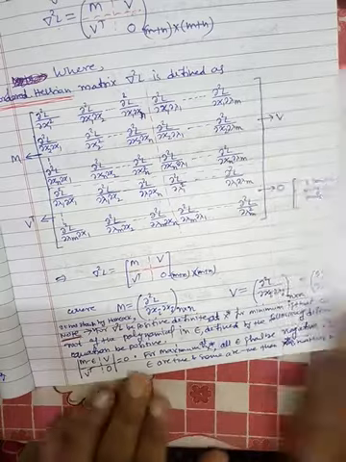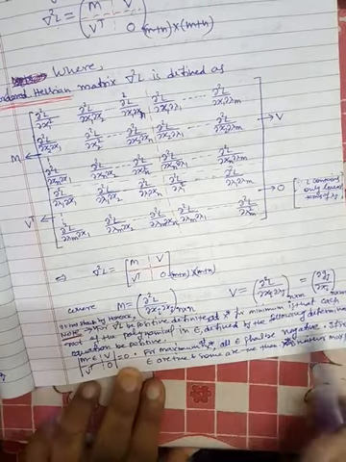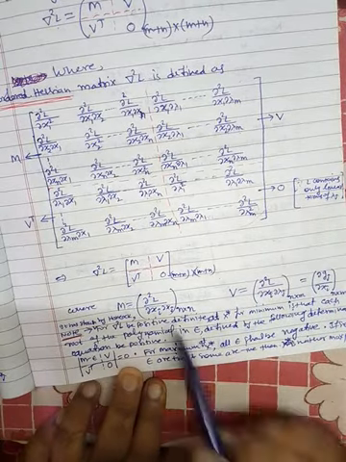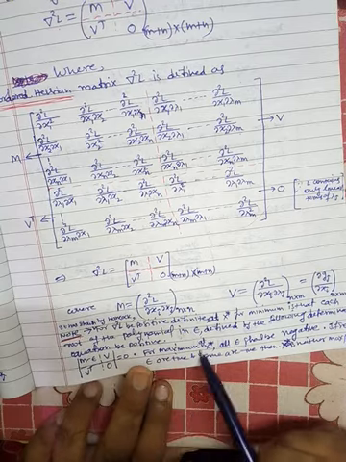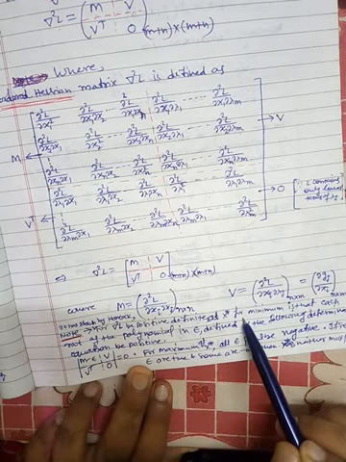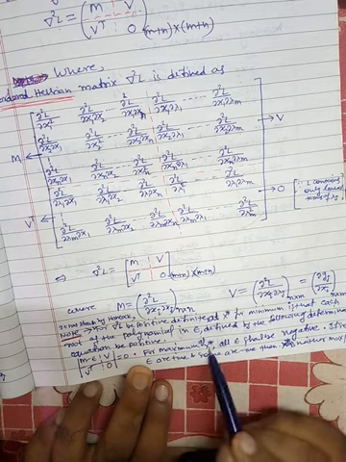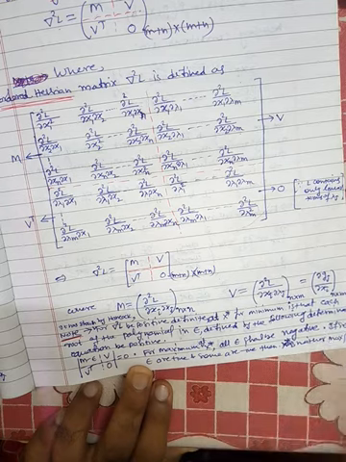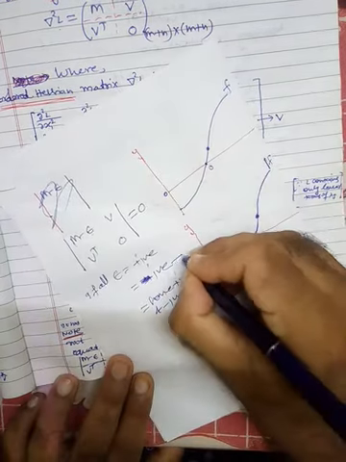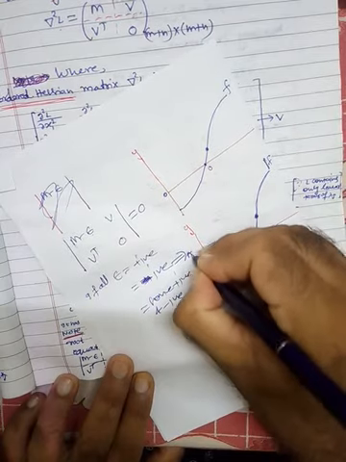So for maximum at x star all epsilon must be negative. So this gives you maxima.